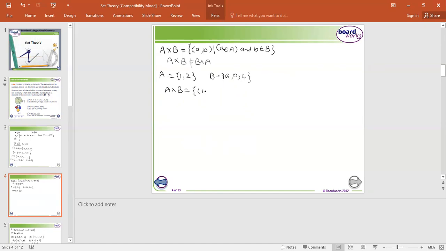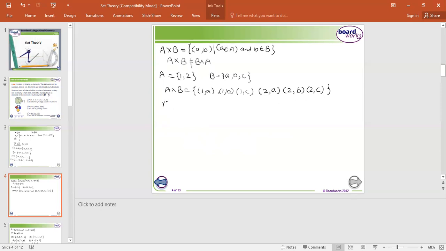First, you have to multiply each element of A with every element of B. So we will get (1, a), (1, b), (1, c), then (2, a), (2, b) and (2, c). This is A cross B.